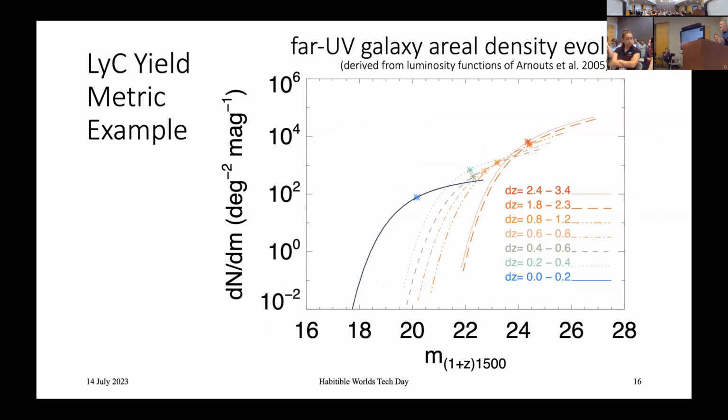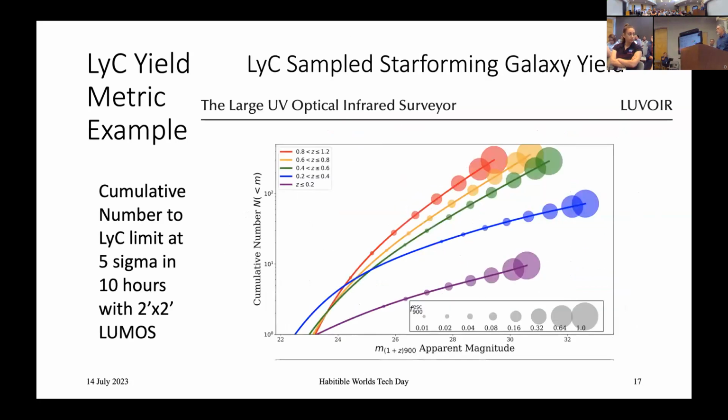So then, if you know the density of sources on the sky, and you just take that by inverting luminosity functions that have been garnered from GALEX and other places, you can come up with a cumulative number of objects sampled to a Lyman continuum limit of X escape fraction to 5 sigma in 10 hours with a 2x2 arc-minute LUVOIR.